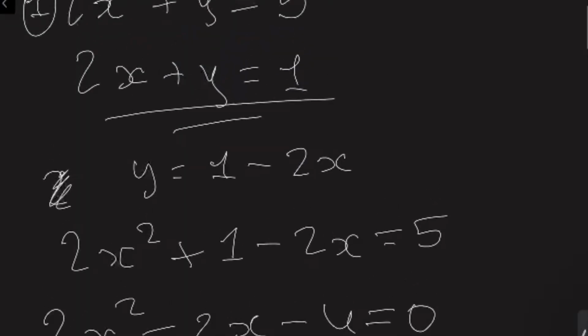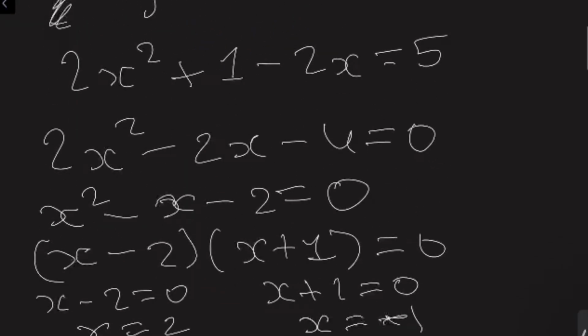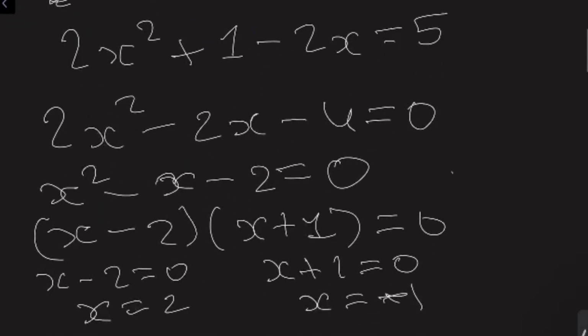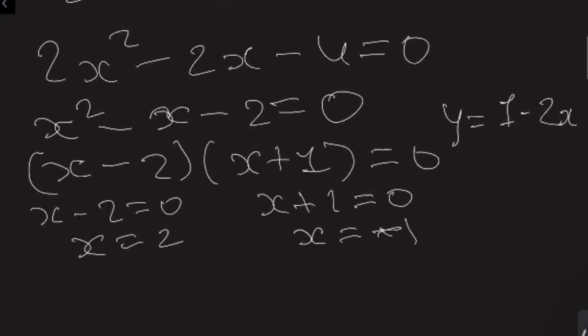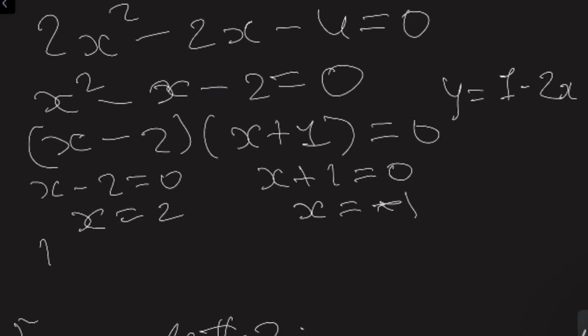Now you've got your original equation, y equals 1 minus 2x. I'll write it back down here. Now sub that 2 into here: 1 minus 2 times 2, so y equals 1 minus 4, y equals minus 3.